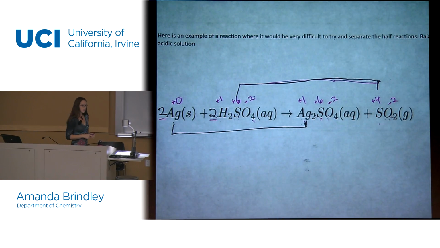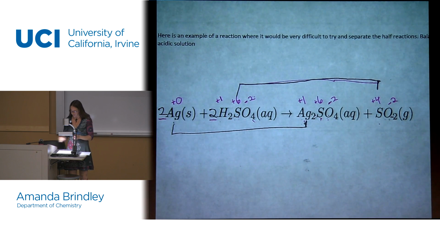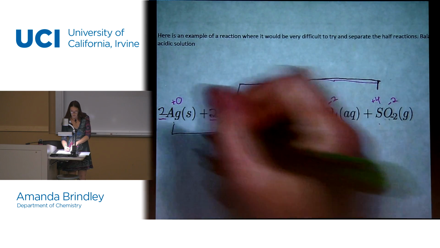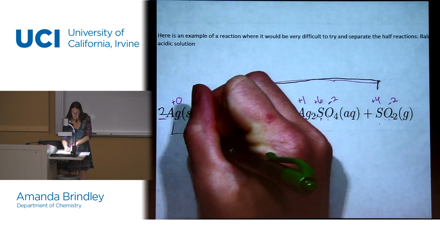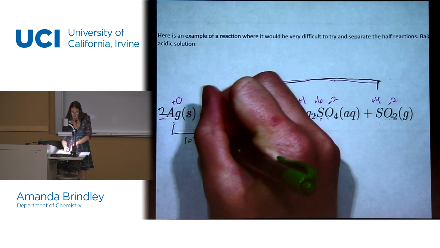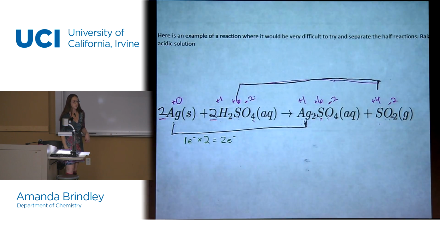Now let's balance our electrons. Let's look at our silver first because I think it's a little easier. To go from a 0 to a 1, how many electrons are transferred? 1. And how many times are we doing it? Twice. So we have 2 electrons moving around in that situation.